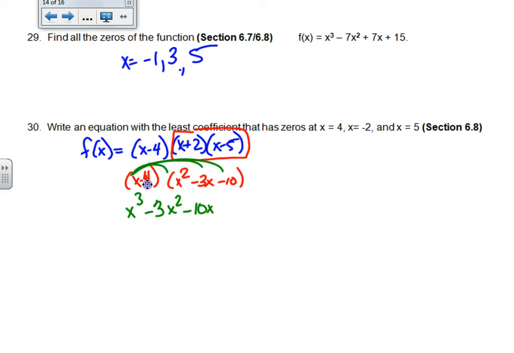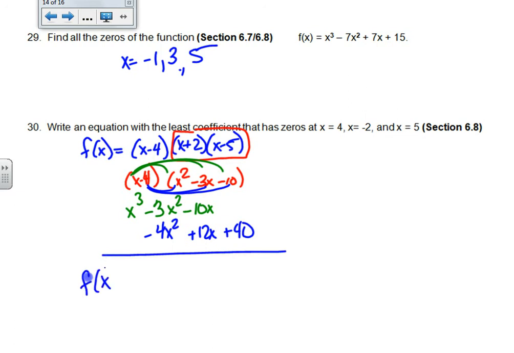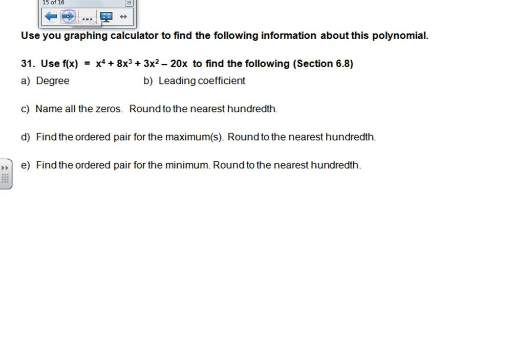And now we're going to distribute the -4. So we have a -4x squared plus 12x plus 40. And then almost done. Final answer for my function is x to the third minus 7x squared plus 2x plus 40. All right. I do need you to expand out the answer.